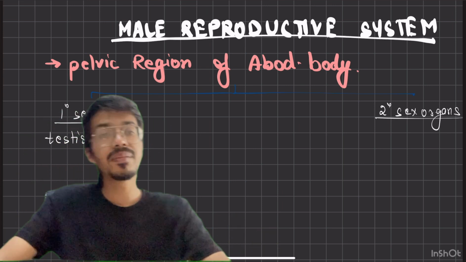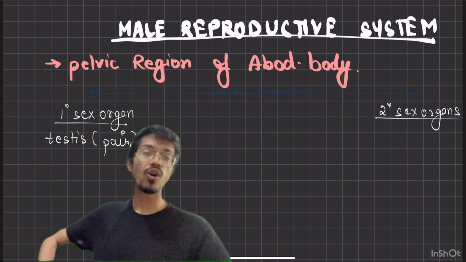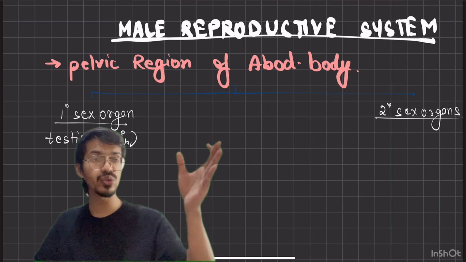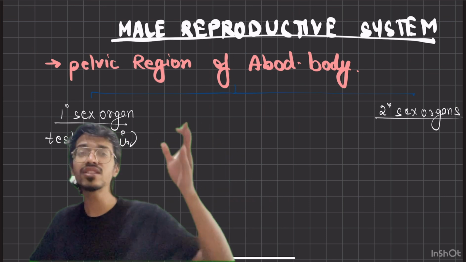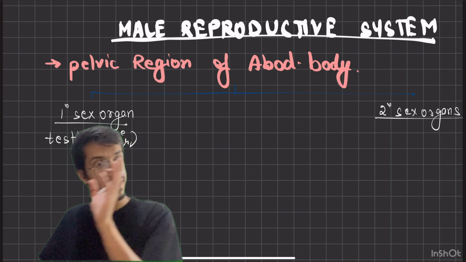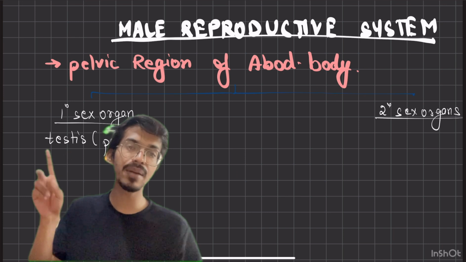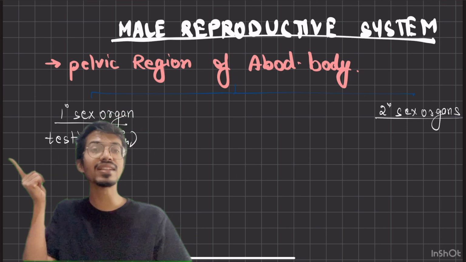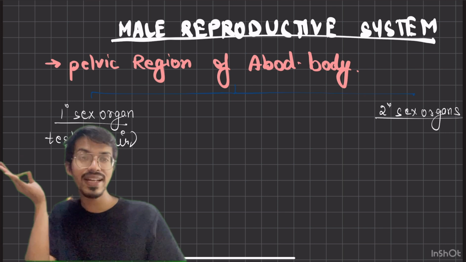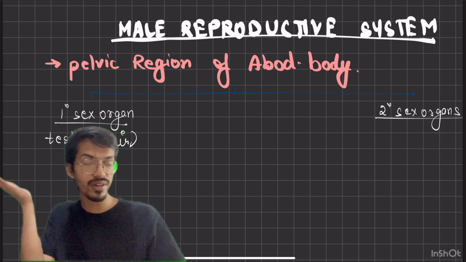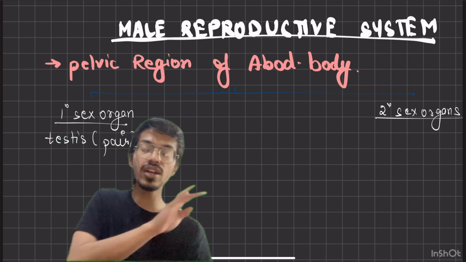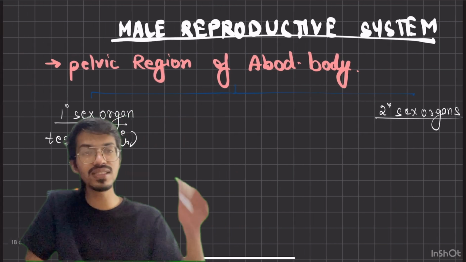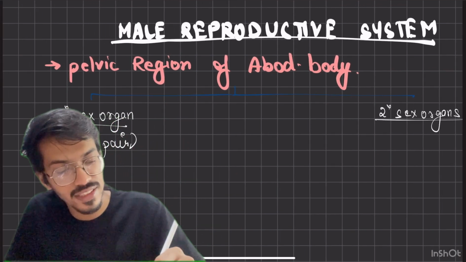We call them primary and secondary on the basis of whether they produce the gametes or not. Here the testes not only make the gametes but also testosterone. That's why the testes are an example of a heterocrine or mixocrine gland, which we already studied in the 11th class. The secondary sex organs are divided into 3 different categories.